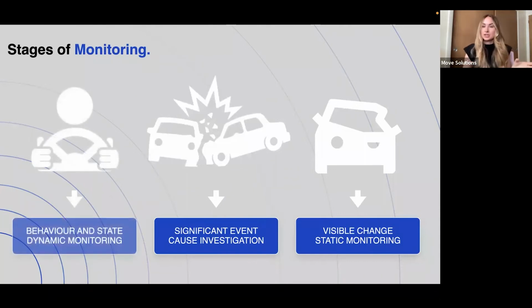With dynamic monitoring, you're actually monitoring the behavior and state. So in this example, you would be watching the driver. Maybe that driver is talking on the cell phone, drinking a cup of coffee, and steering with their knee, and they swerve off and hit a lamppost. Then you understand that because they hit the lamppost, there's a dent in the side of their car.